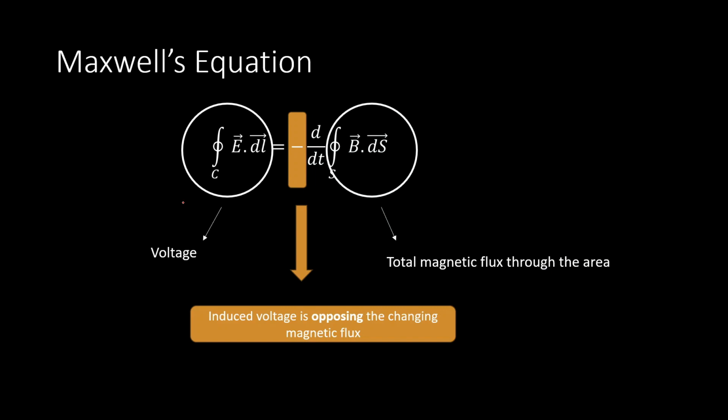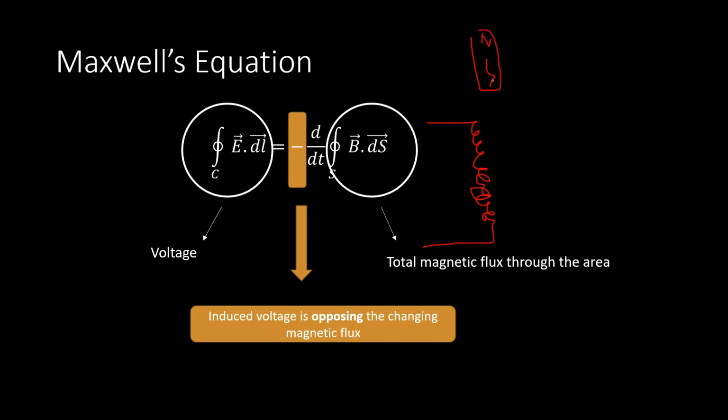The other interesting thing is the minus sign here. The minus sign indicates the induced voltage is opposing the changing magnetic flux, which means if you drop a magnet into the coil, the generated current or voltage will be in the direction that's opposing the change.